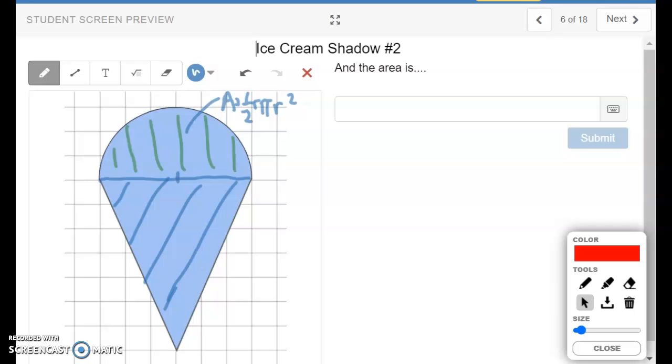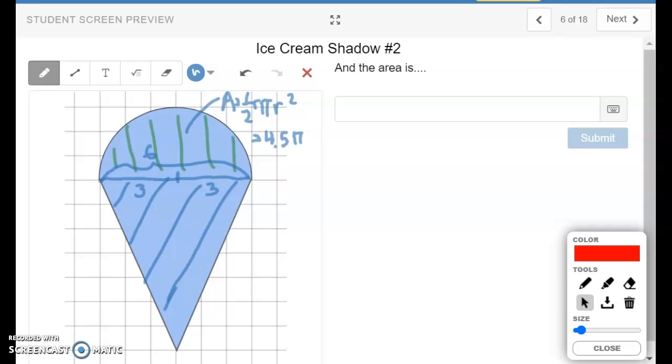It's 1, 2, 3, 4, 5, 6. So this is 6 units. That means the radius is 3 here and a 3 there. So the radius is 3, squared, times half, which is 4.5. So this is going to be 4.5 pi units squared.